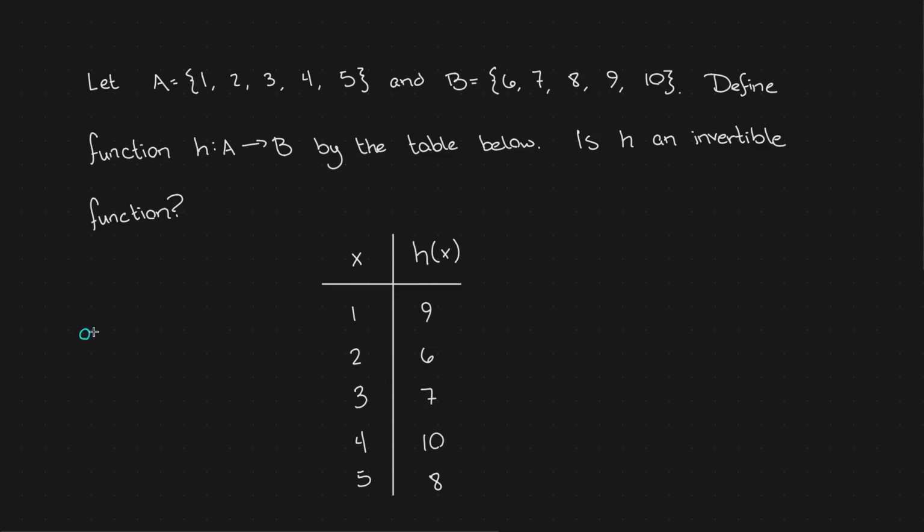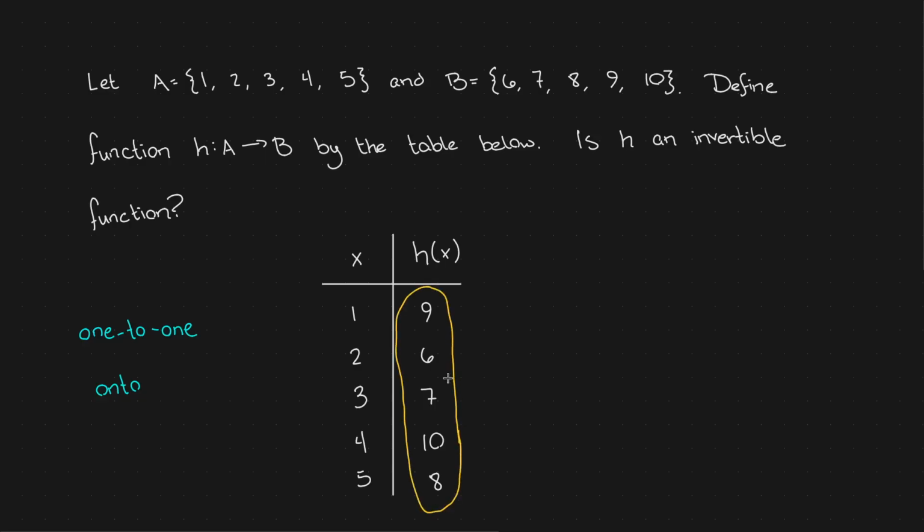Well, we know we need to check two properties. Is it one-to-one? And is it onto? One-to-one means that each value in the codomain is mapped to only once. There are no duplicates. There are no two values from the domain that can map to the same value in the codomain. So we're really looking for any duplicates here.